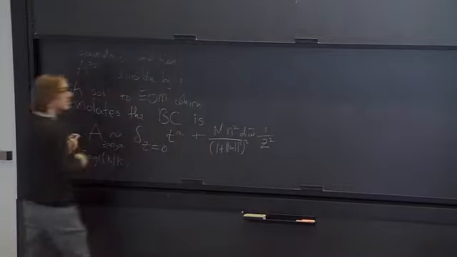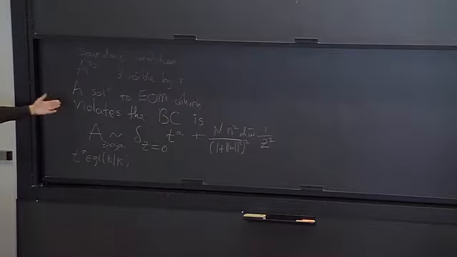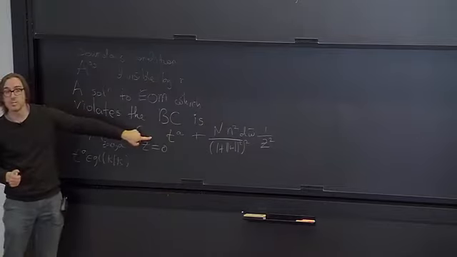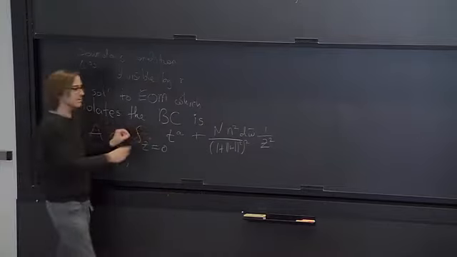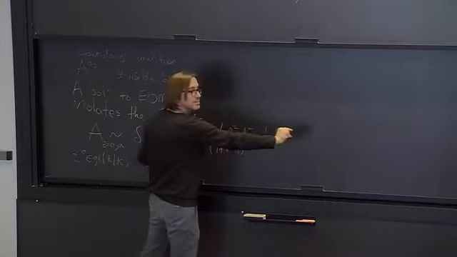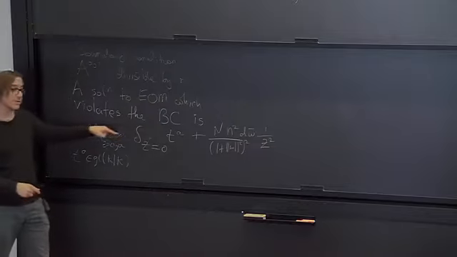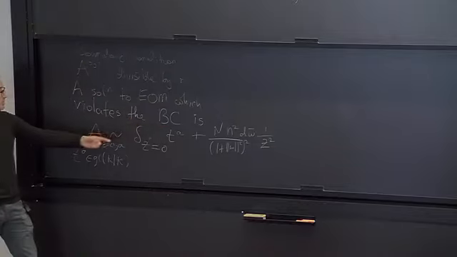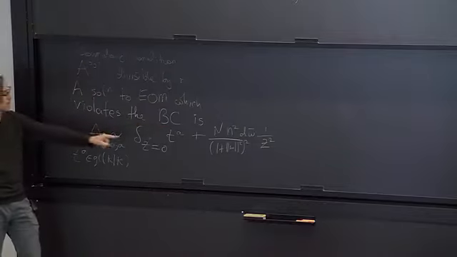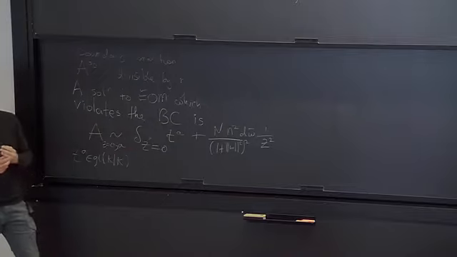Last time we saw you could introduce higher order poles in n here, and that forces you to have more and more terms, but there were completely explicit solutions to the linearized equations of motion, which just violate the boundary condition along z equals 0.